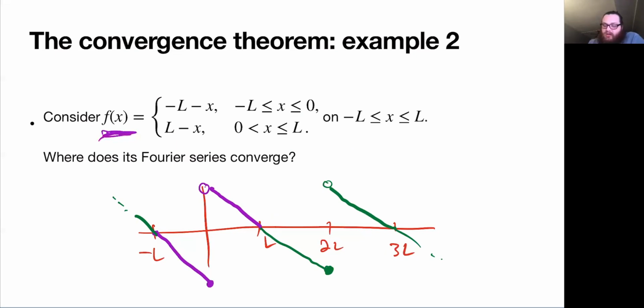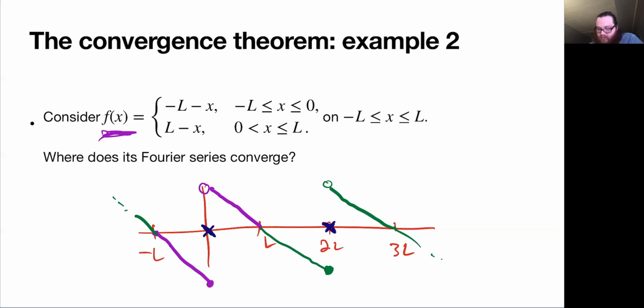And so the question is, what's happening at the points of discontinuity, the jump discontinuities? The value of the Fourier series at those jump discontinuities is going to be the average of the left and right limits. The left limit here is L. The right limit here is L. The left limit here is minus L. And so again, their average is going to be 0.